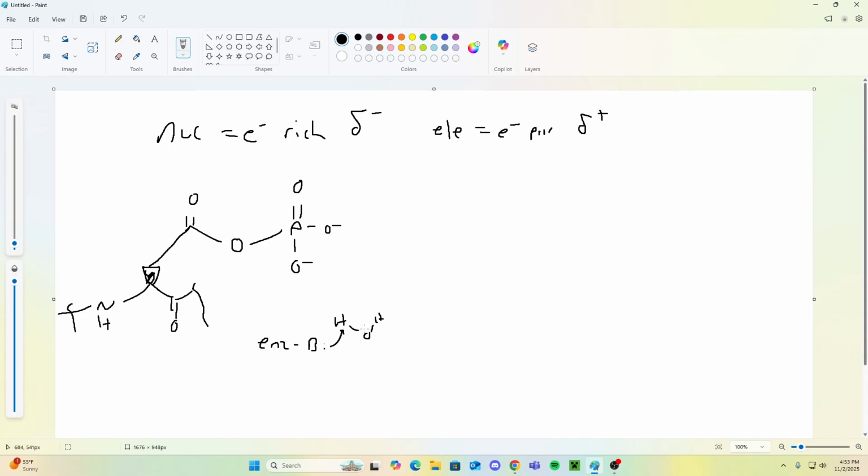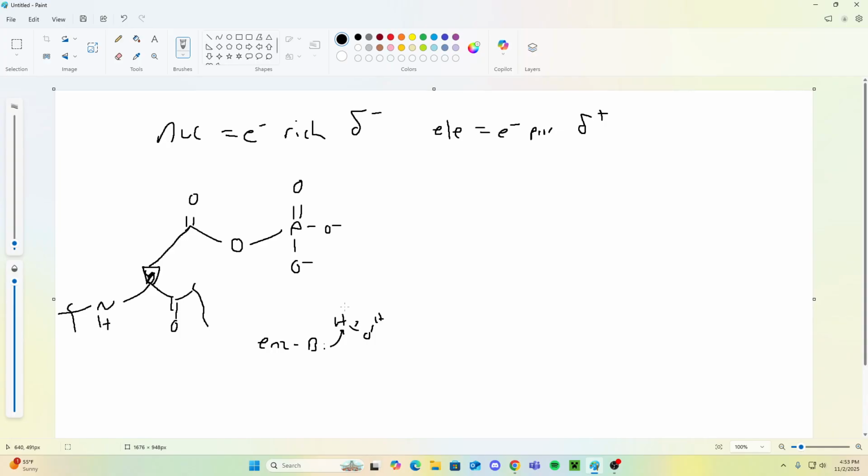And because the molarity of water in hydrolysis reactions is really high, and we always assume for biochem that these reactions are in very high concentrations of water because it's in our body, this bond doesn't stay an O minus, rather those electrons immediately attack an electrophile here.